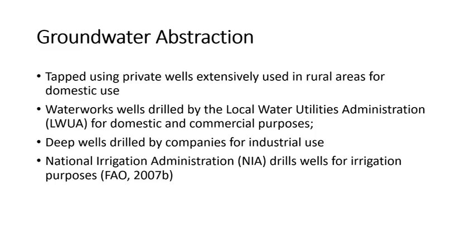Now, for extraction or abstraction of groundwater, most of it is done through private wells, which is common in rural areas for domestic consumption. And then our waterworks are drilled by the Local Water Utilities Administration or LWUA for domestic and commercial purposes.